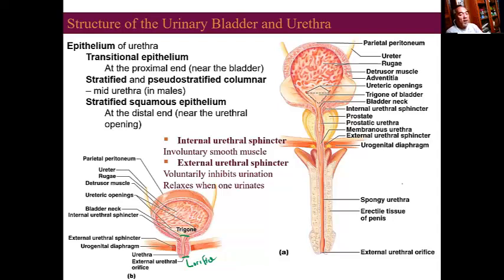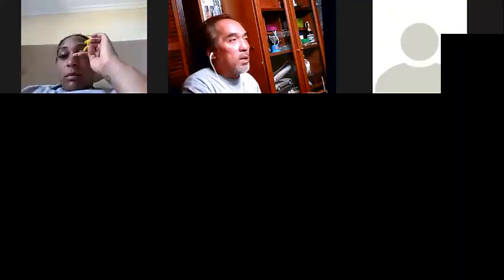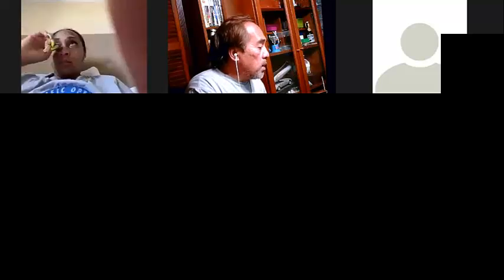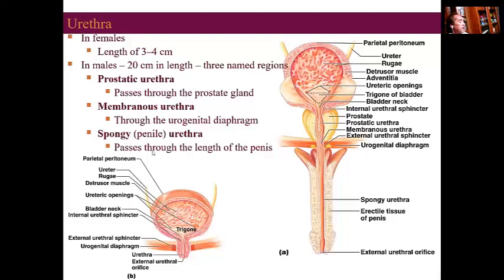But in men, the external urethral orifice is far away from the bladder. So the bladder is far away from the external opening.